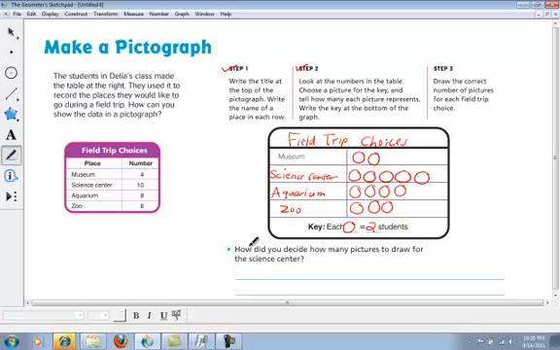Now let's look at this question down here. How did you decide how many pictures to draw for the Science Center? Well, remember, for every circle we drew, we counted by 2s until we got to 10. So let's write that down here.